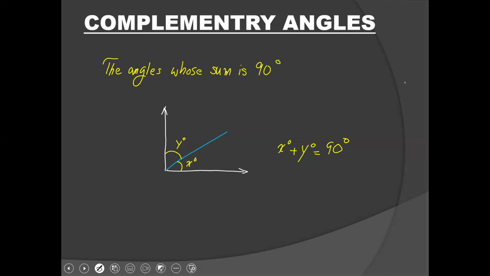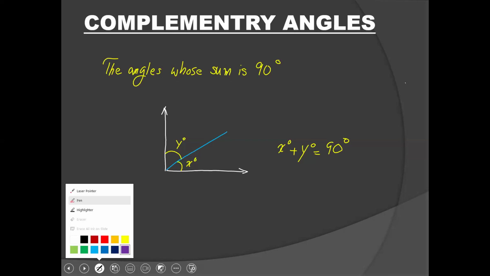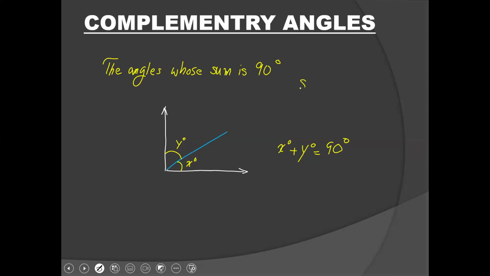The angles whose sum is 90 degrees are called complementary. Now let us test our property. That's how we test it. You need a calculator and you have to work it out here.